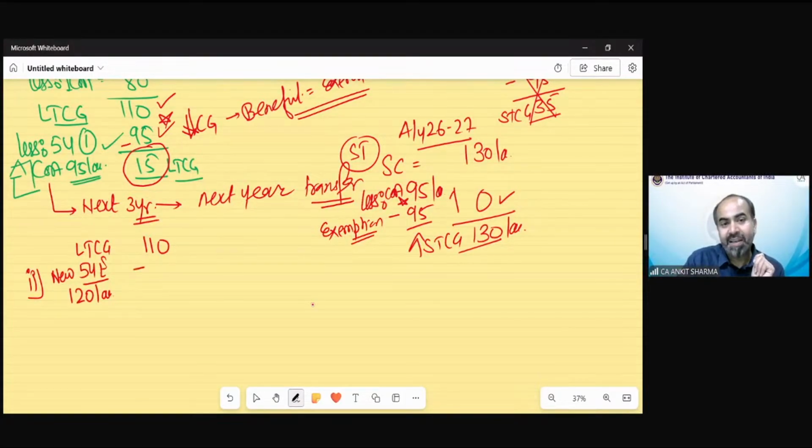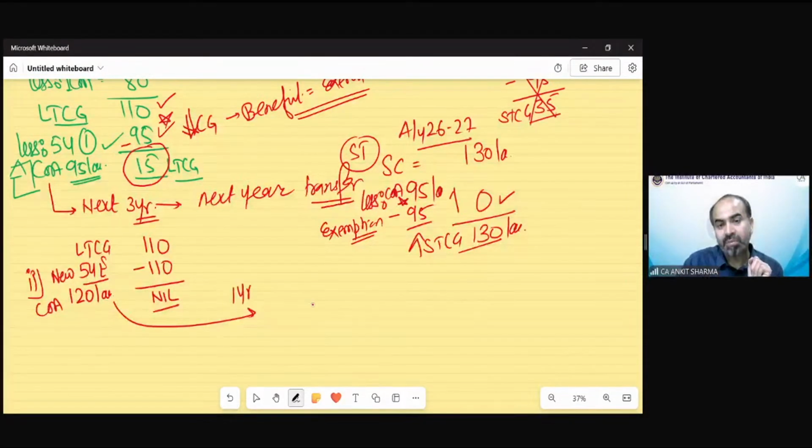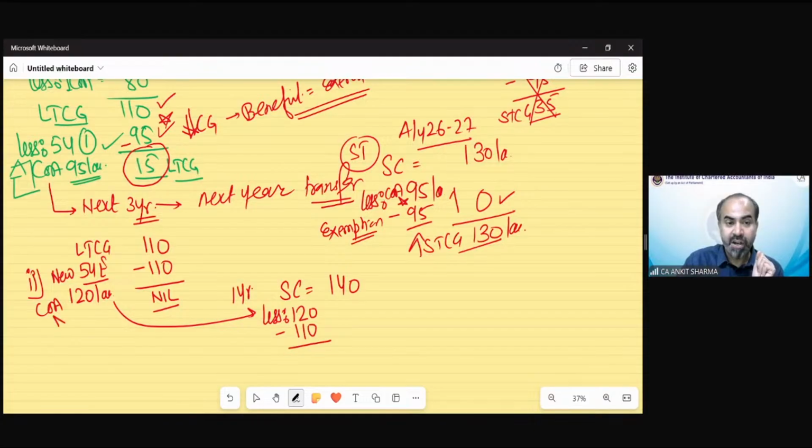So in that case, you can only reduce your gain by 110, but cost is 120. You transfer this asset within 1 year. Sale consideration, suppose 140 lakh. Now the cost was 120. But how much do we reduce for the purpose of exemption? The cost was 120, but you reduce your capital gain only by 110 lakh.